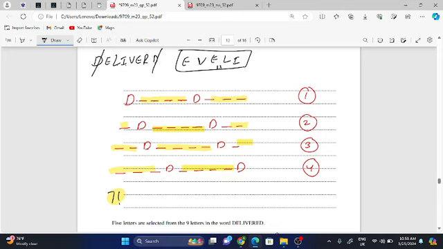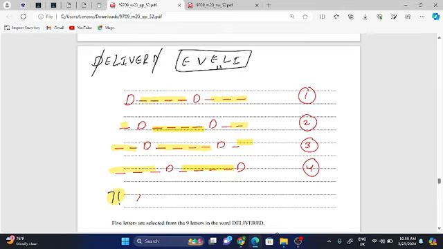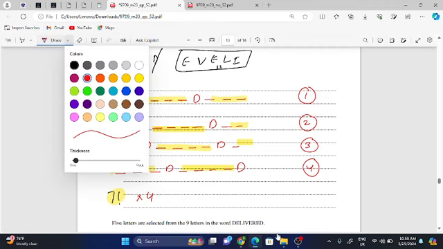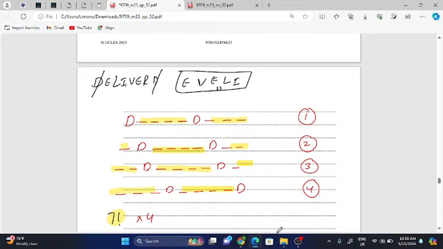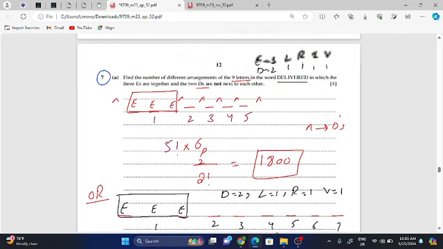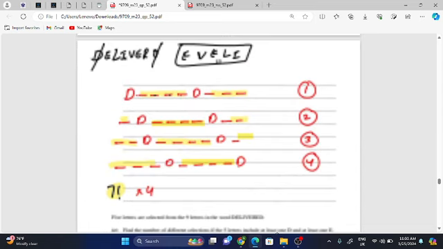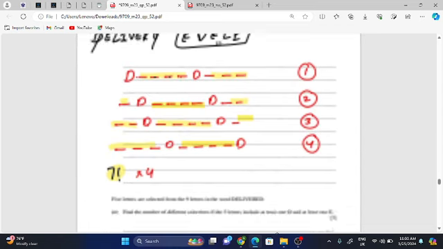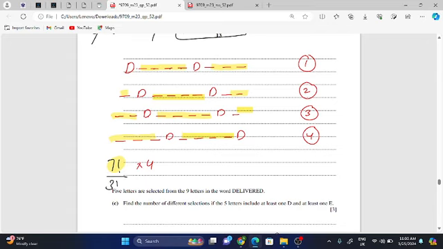So 7 factorial times 4. Okay, now look, is there any letter repeated for these 7 arrangements? Yes, E is repeated thrice. 1, 2, 3. Yes, E is repeated thrice. So it means that you can write 7 factorial over 3 factorial. These 3 factorial is for E's, times 4, because 4 options are there.